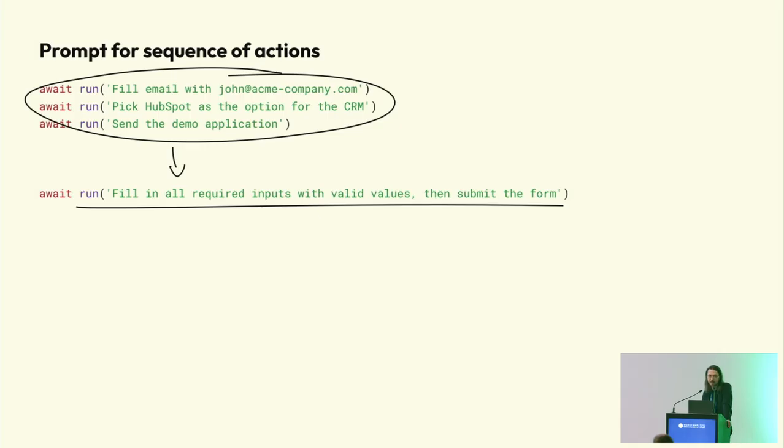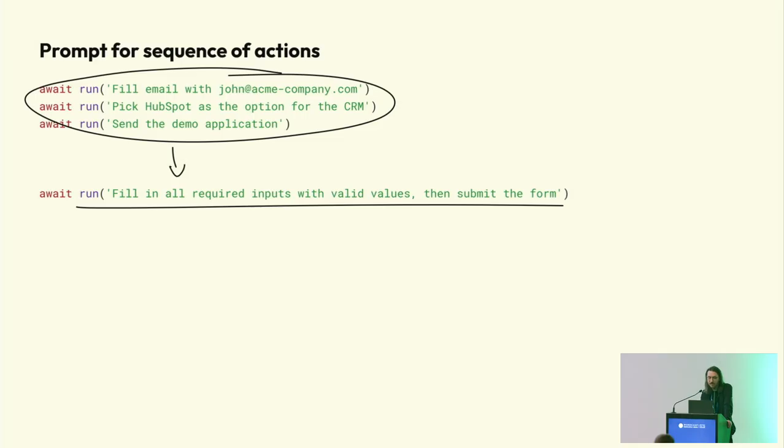We can replace a sequence of actions with one prompt where we just give some kind of general instruction. So in this case, we are saying, fill out all fields which are required. This is going to solve the problem that we discussed with the new required field being introduced. So we have complete flexibility if a new input is added or something is removed.